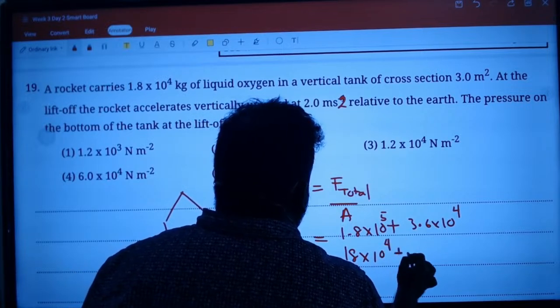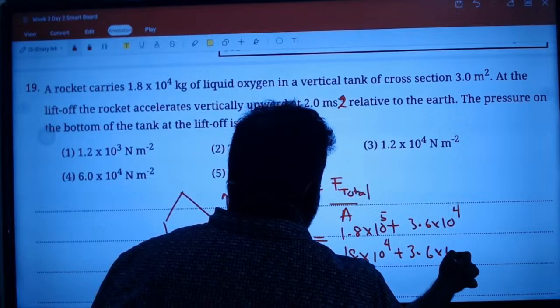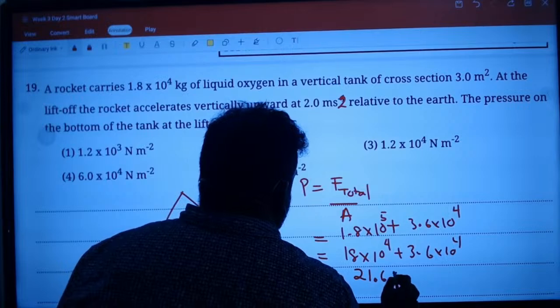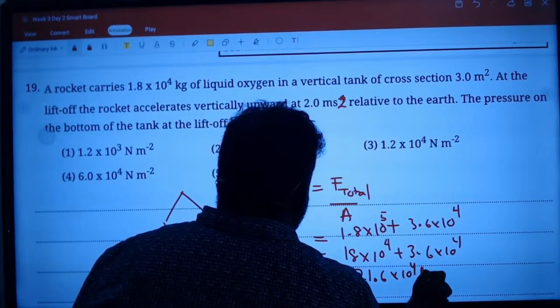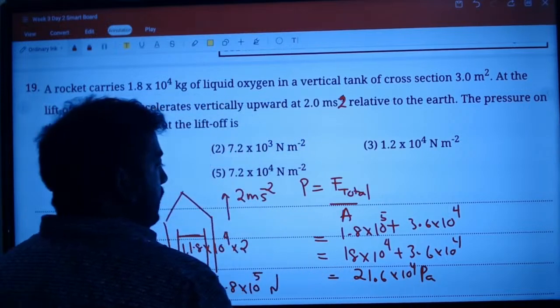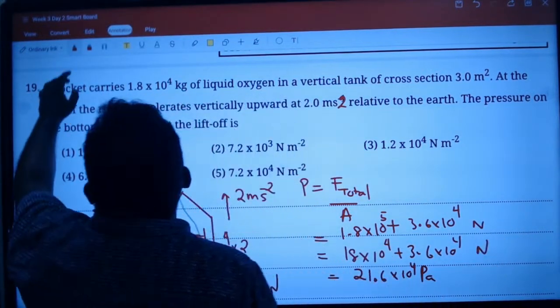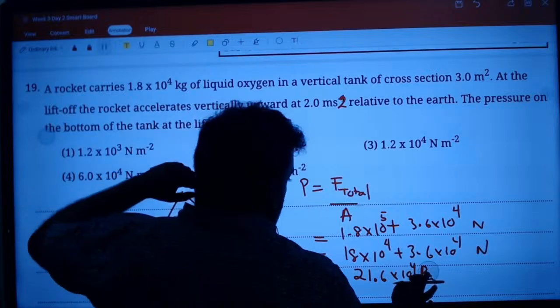That is 21.6 10 to the power 4 Pascal. Sorry, force. Right, luckily we looked at it, it's force.